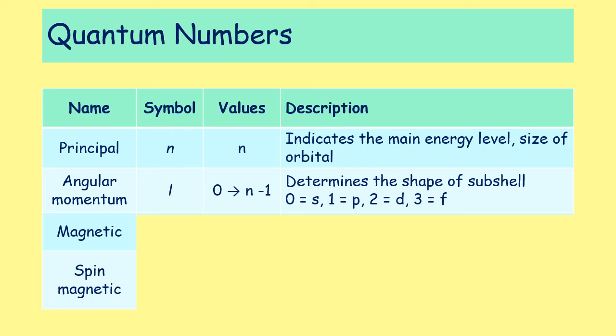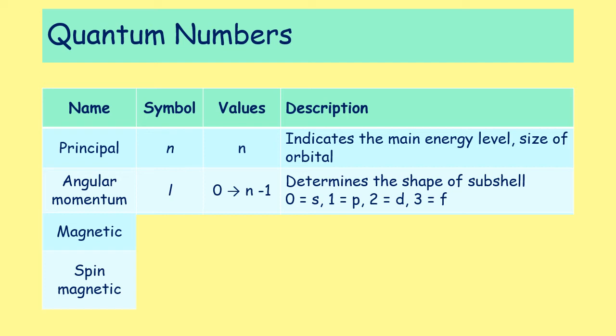If n was 3, you could have an angular momentum of 0, 1, or 2.